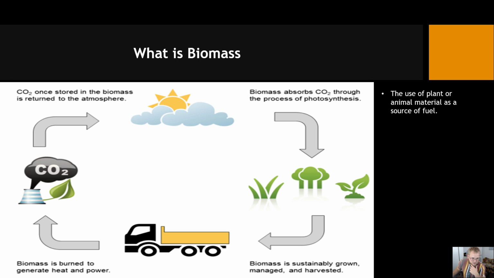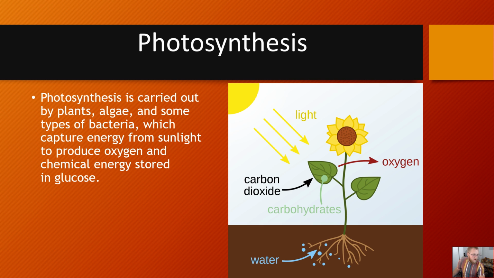Biomass is the use of plants or animal materials as a source of fuel. Photosynthesis, of course, is how those plants actually grow, as the plant takes the sunlight and converts it into oxygen.